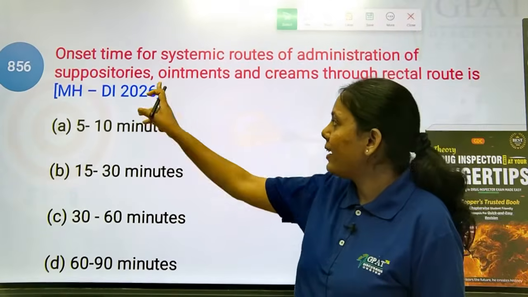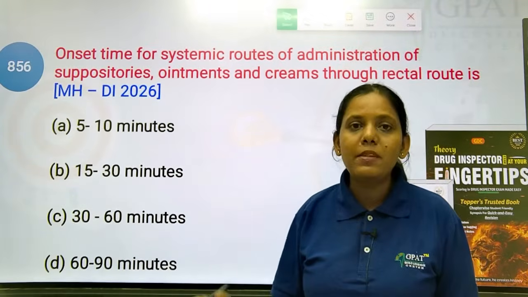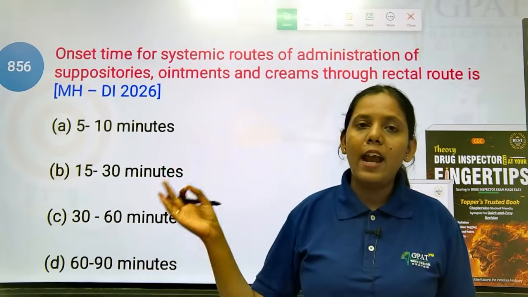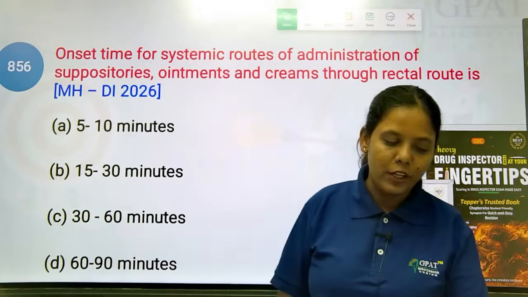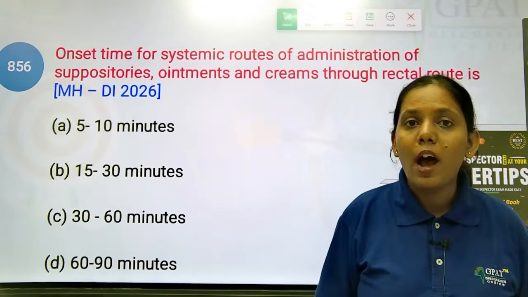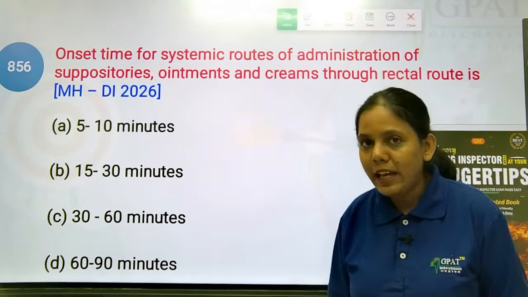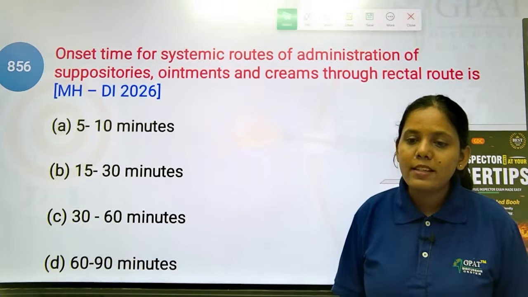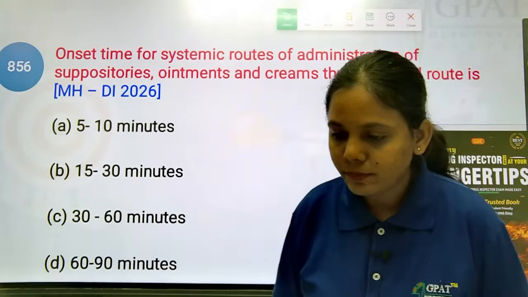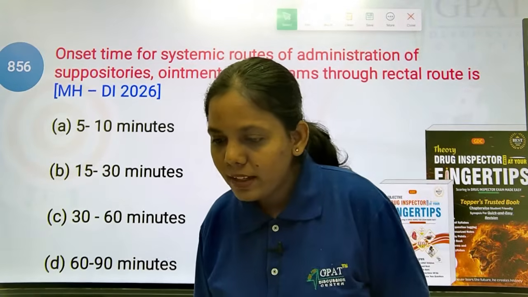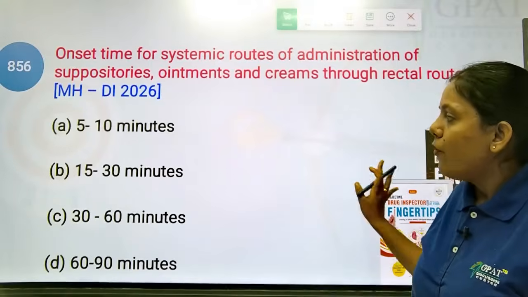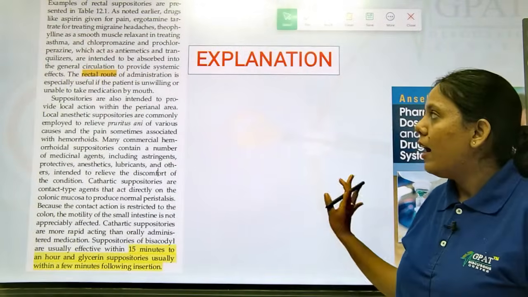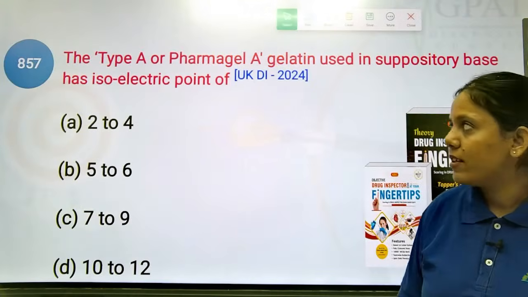Suppository, ointment and creams take a little time to release the drug and go into the systemic circulation, and accordingly you try to answer. 5 to 10 minutes, 15 to 30 minutes, 30 to 60, or 60 to 90 minutes. Very good, option B, 15 to 30 minutes, is the onset time of the suppositories.